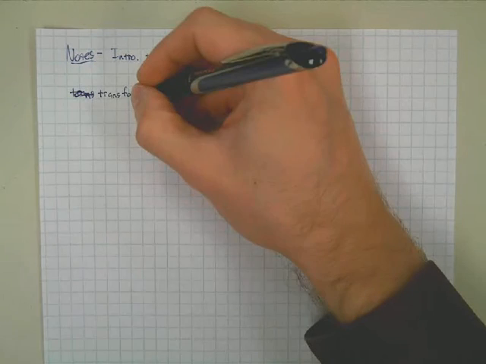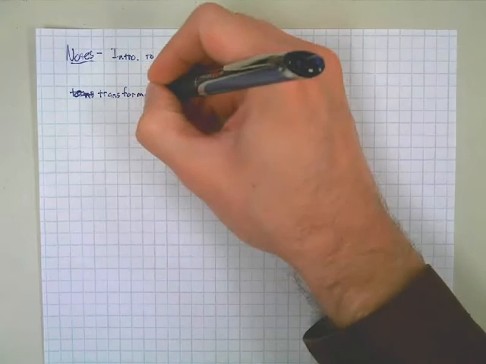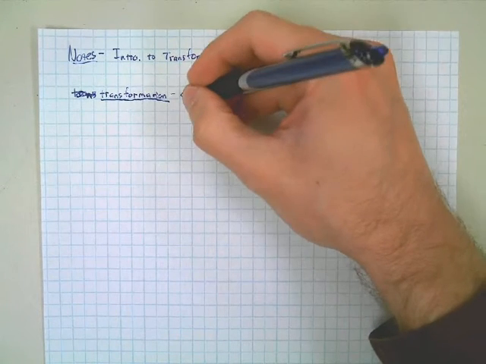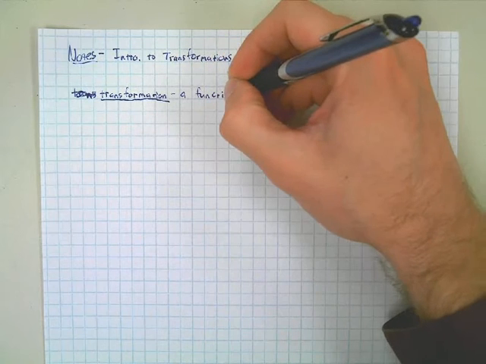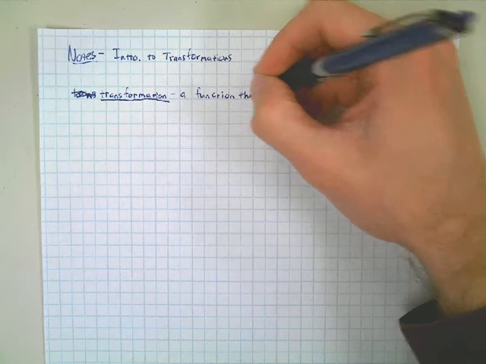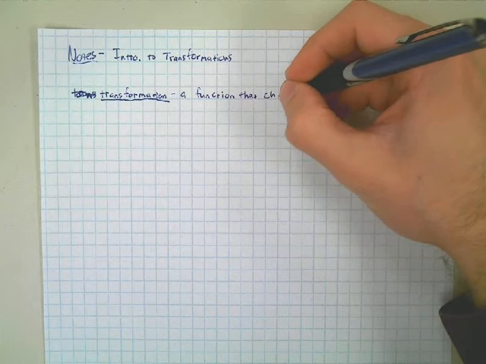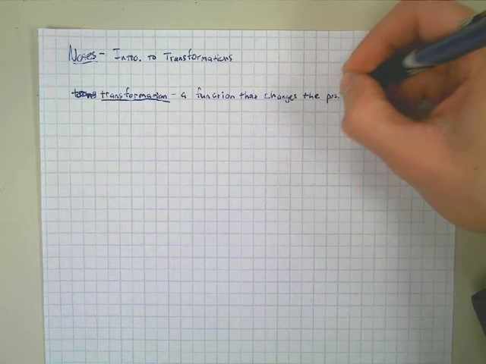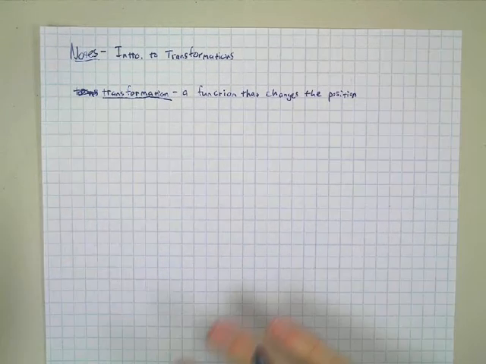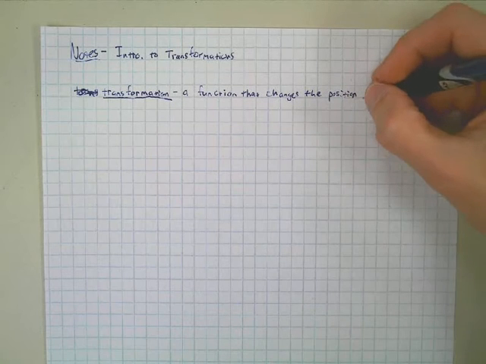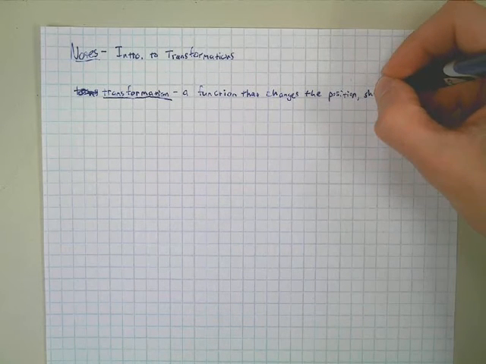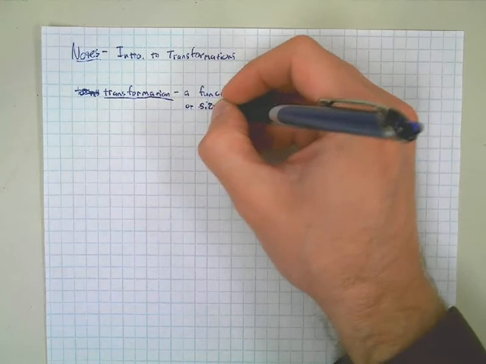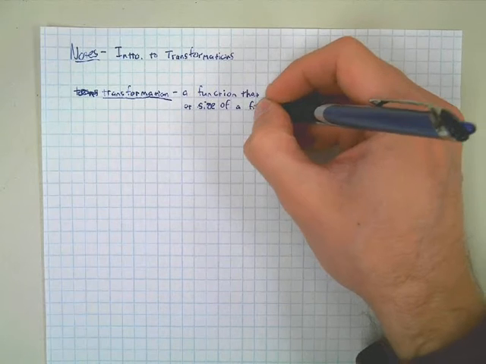There you go. All right, so what is a transformation? Okay, so a transformation is a function that changes the position, shape, or size of a figure.